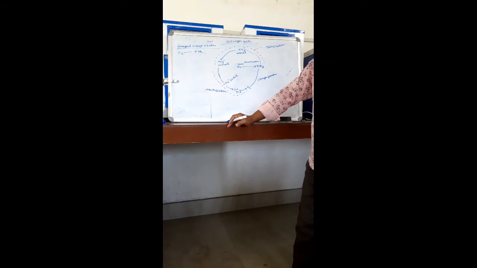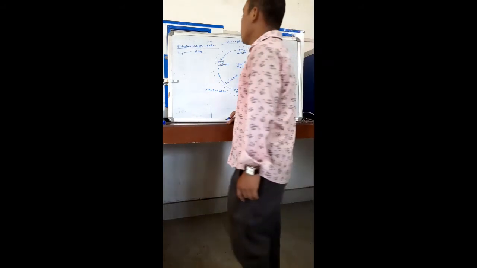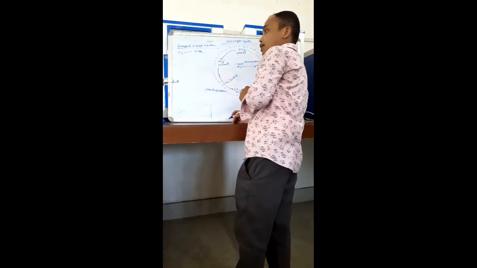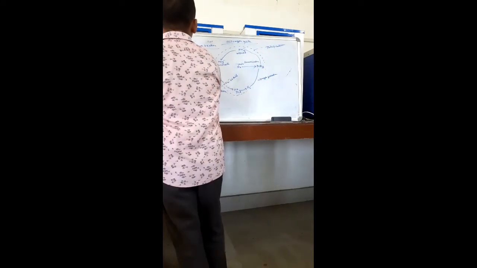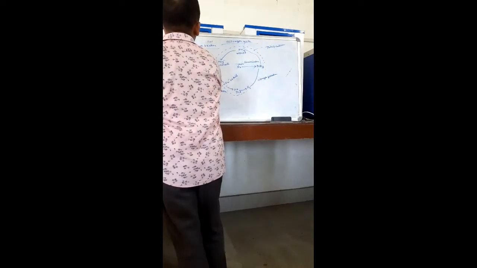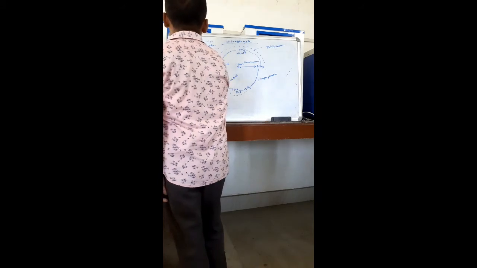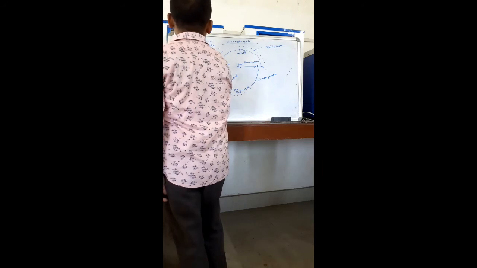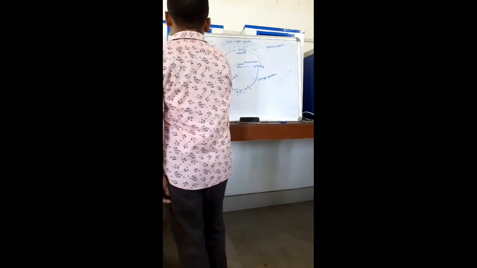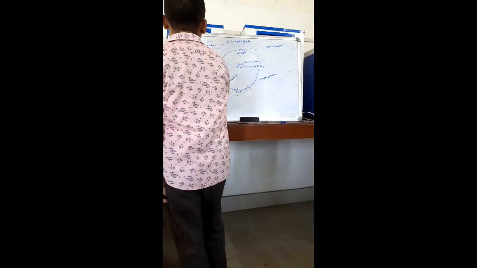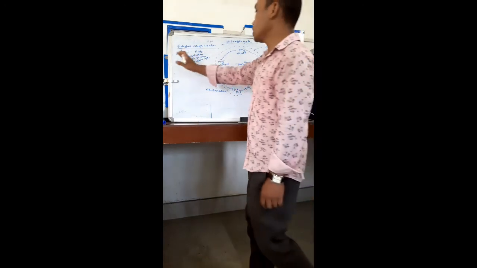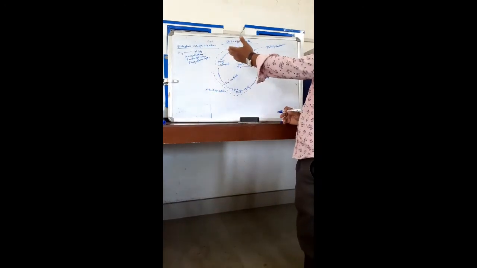The bacterial species which help in this conversion are Azotobacter, Rhodospirillum, and Rhizobium, a very important one, and Rhizobium species, etc. So this is biological nitrogen fixation, where from inorganic nitrogen it produces ammonia.